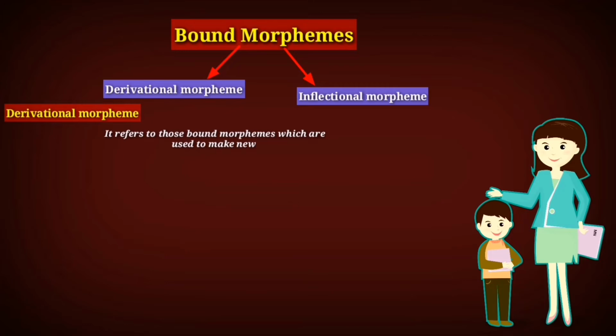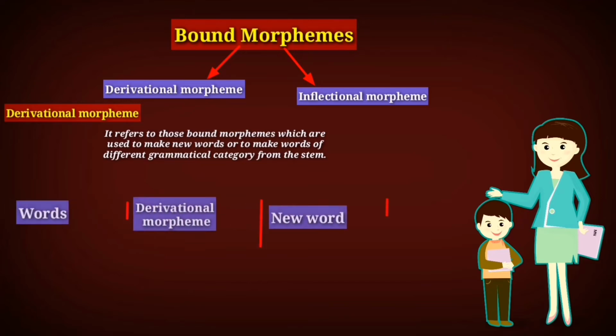It refers to those bound morphemes which are used to make new words or to make words of a different grammatical category from the stem. What does this complicated definition mean? Don't worry, let me make it easier for you. Simply it means that derivational morphemes are those morphemes with the help of which we make new words or make a different grammatical category.